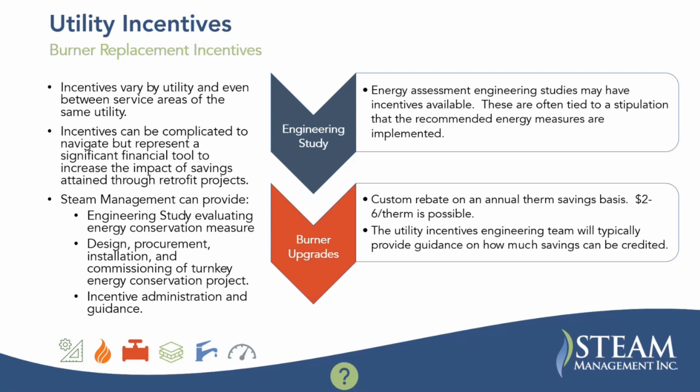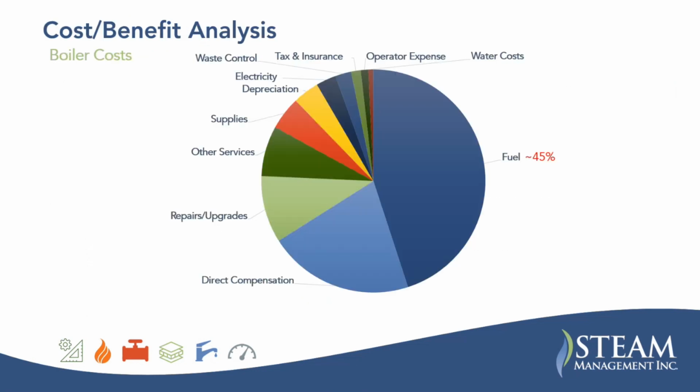So you definitely want to consult with them, which we do, and get all that laid out so we don't get surprised and inflate our savings numbers to the client, or incentive numbers rather.